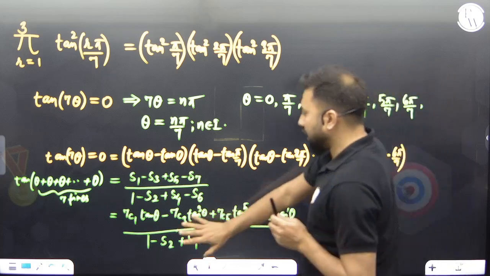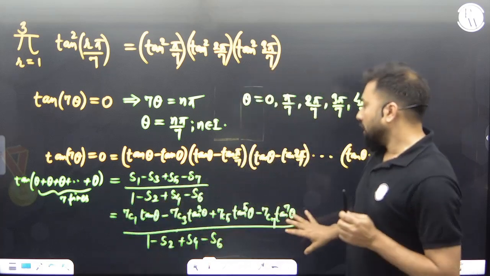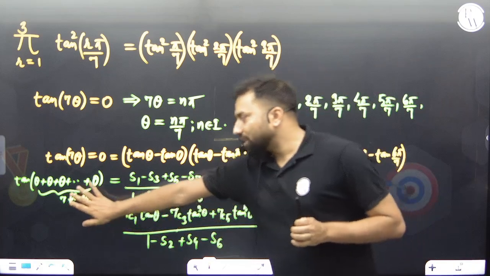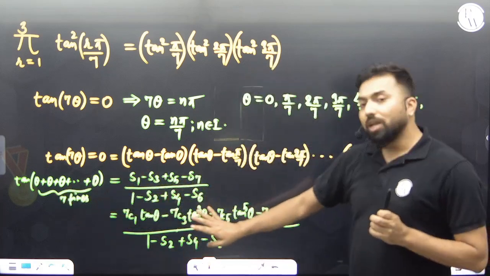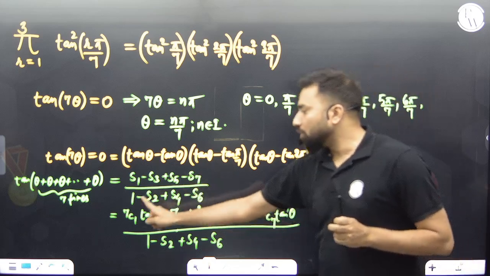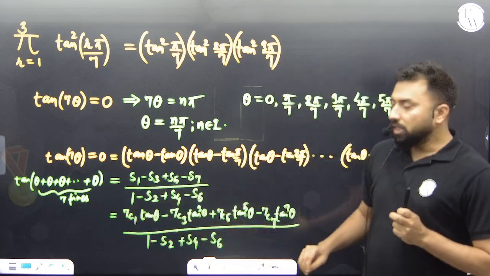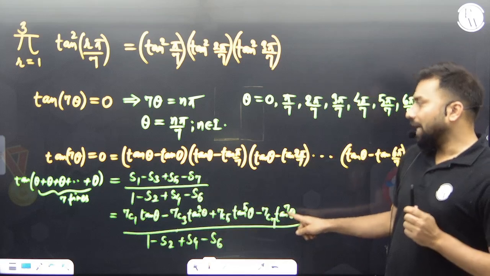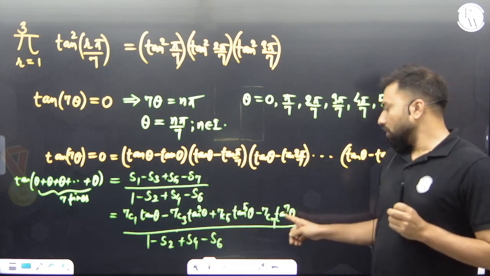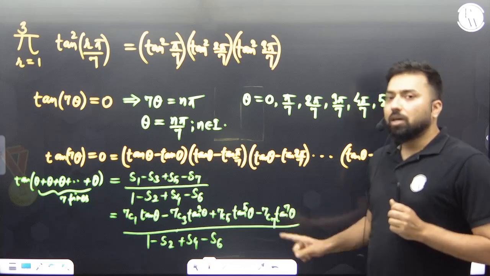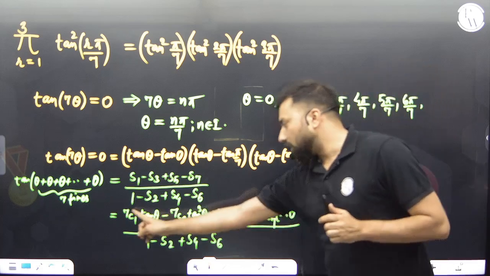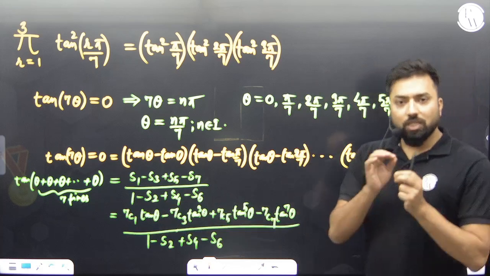Now this is tan 7 theta. So if I write tan 7 theta equals 0, it will imply that this particular numerator is 0 as well, right? And here I can see that the maximum power, or the degree of this numerator, is 7 in terms of tan theta.